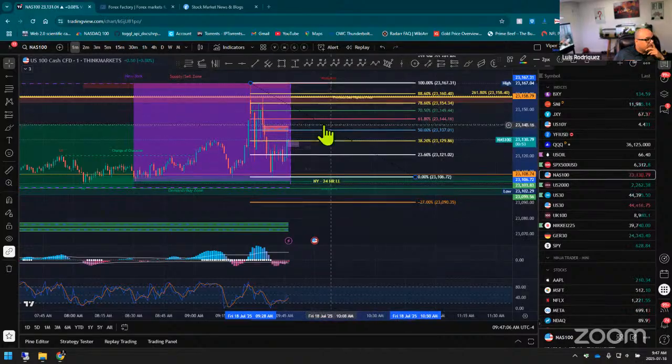Back into the area. Is it going to come up or is it going to go down?